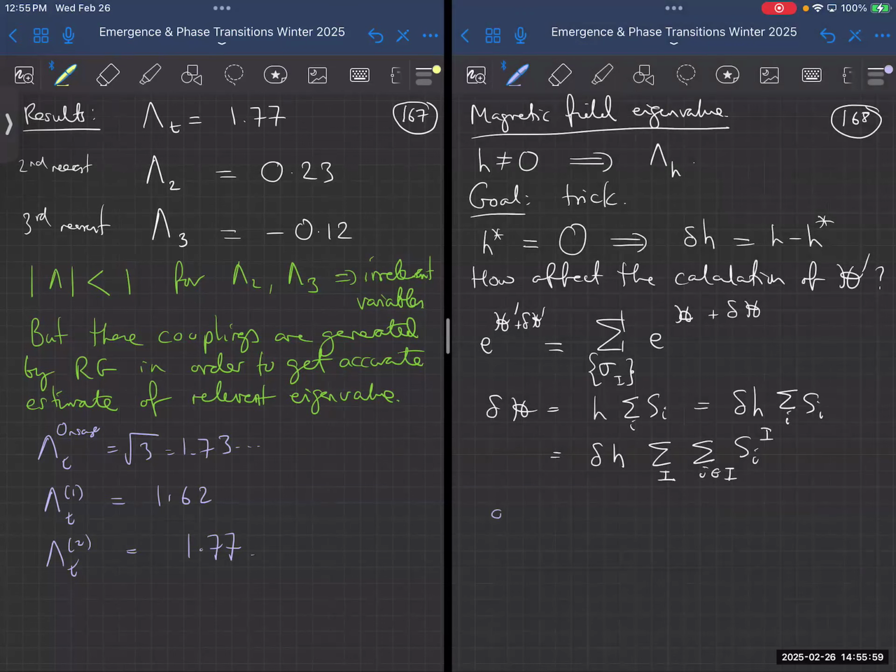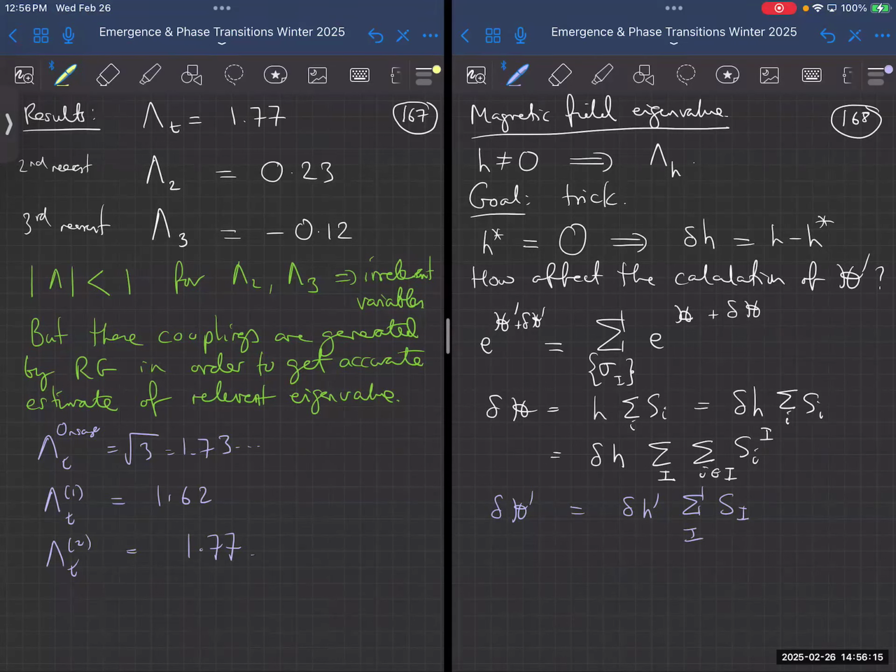So I can then read off that delta H prime is just delta H, the original field, times the sum over I of S_i.